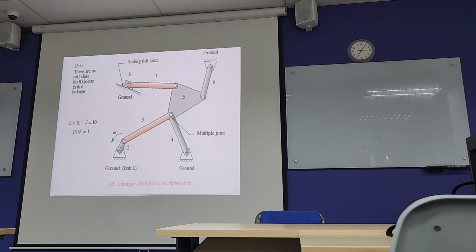Now we need to count how many pin joints are here. You can see joint 1 here, joint 2, 3, 4, 5, 6. Can you count how many pin joints are here? There is a multiple joint here.